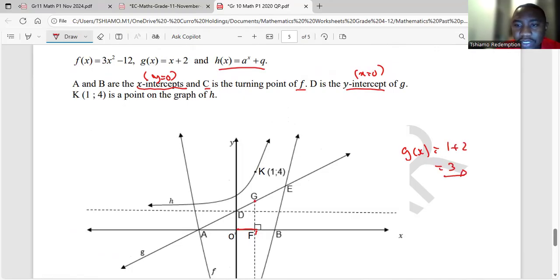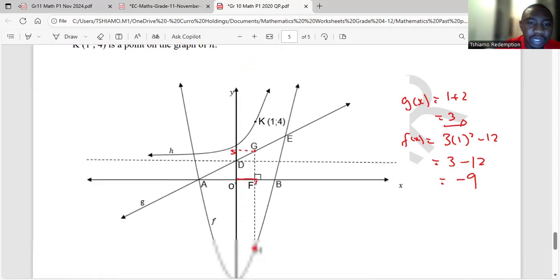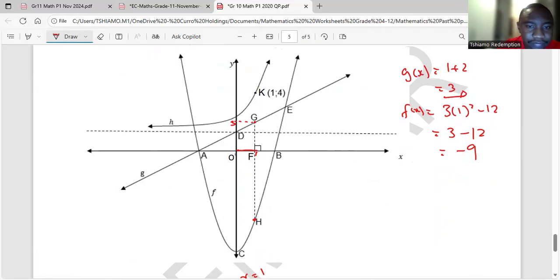And for f of x: 3 times 1 squared minus 12, which is 3 minus 12, which is minus 9. So the value of y there is -9.